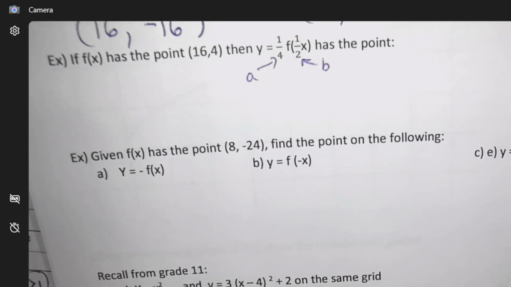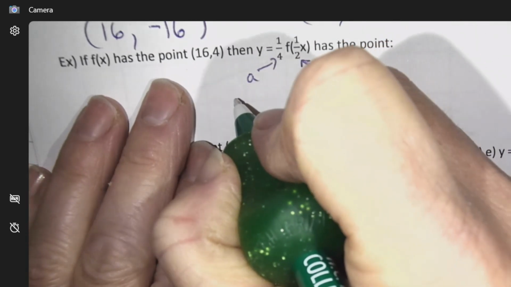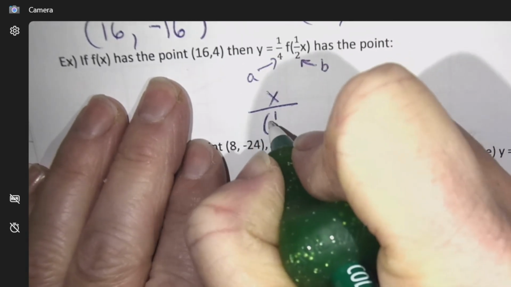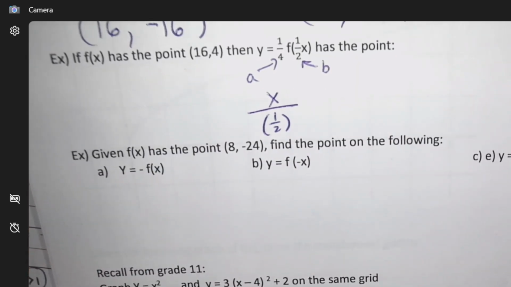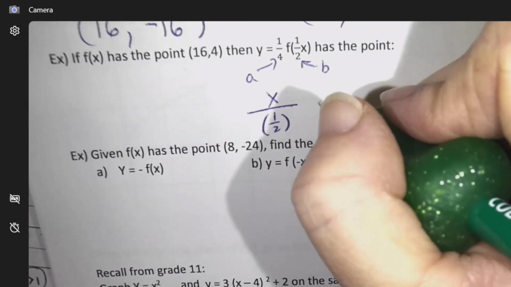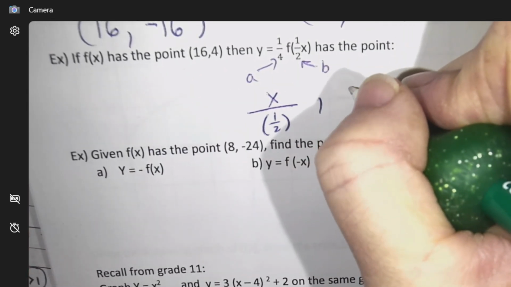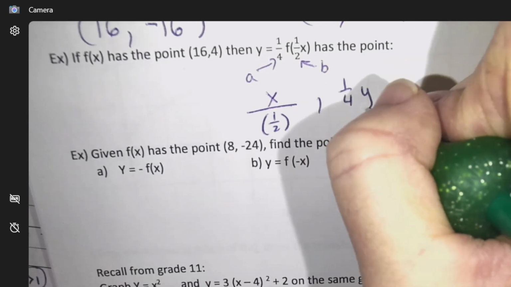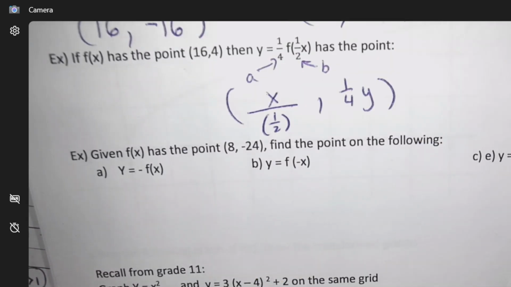Stretches by 2. Okay, so here we go. X would have to get divided by a half. And the A value means I'm going to have to times my Y by a quarter.